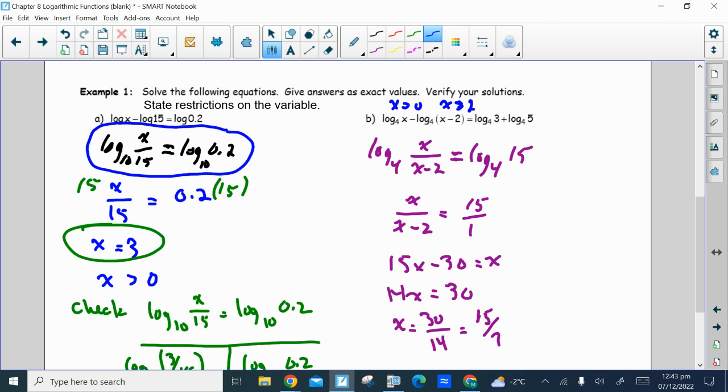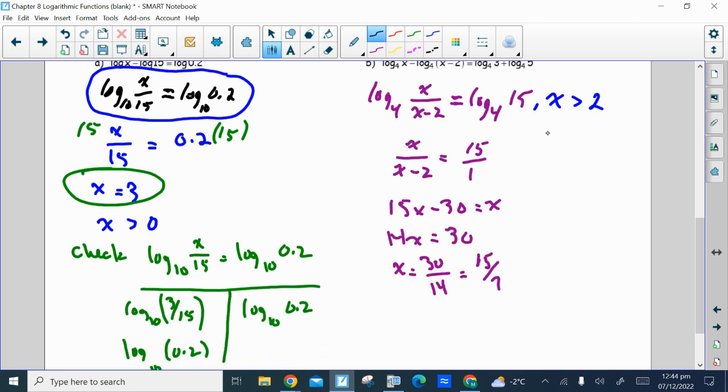If x equals 2, then that will be log base 4 of 0. Can't do it. And if x is less than 2, like positive 1, let's say, it'll be log base 4 of negative 1. Can't do that either. So we have to choose the statement that satisfies both of these, which would be x must be greater than 2. All numbers greater than 2 are also greater than 0.